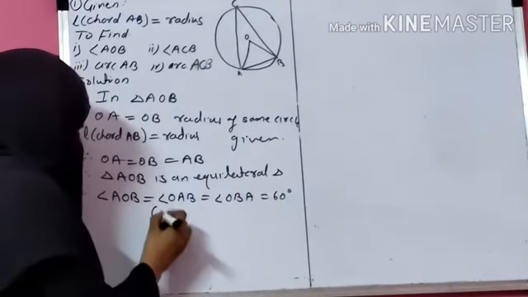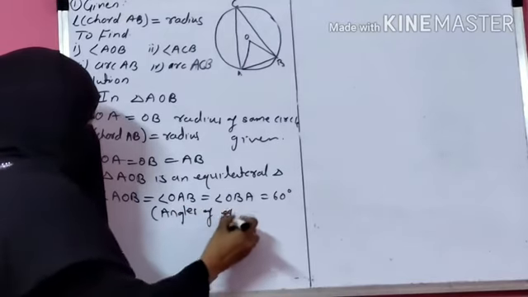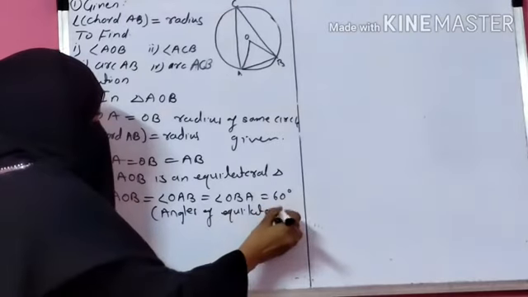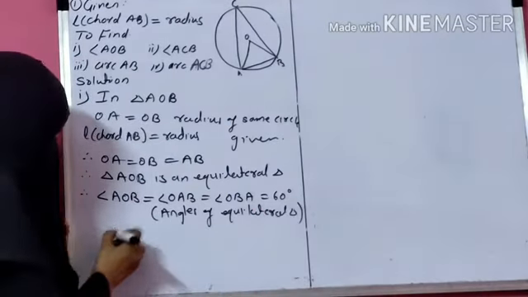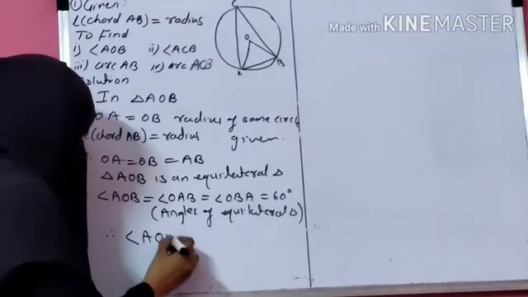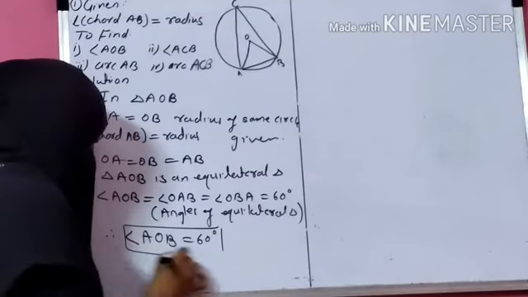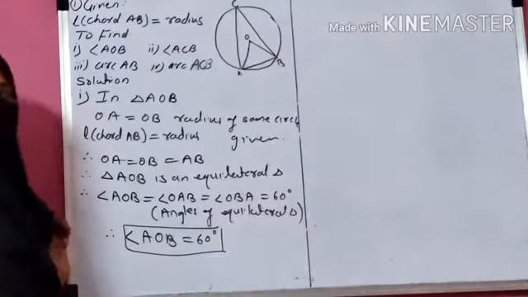Got it? Angles of an equilateral triangle are of 60 degrees. So therefore the measure of angle AOB is 60 degrees. Okay, got it?